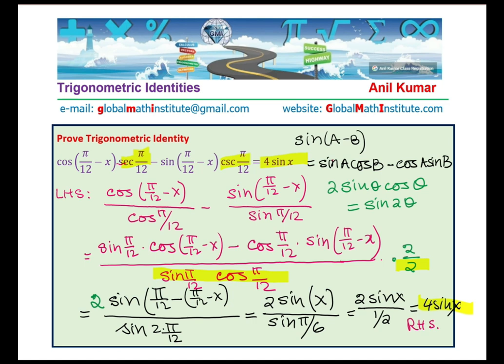Then we took the common denominator, cross multiplied. The expression was the same as sine a minus b, and that resulted in the numerator getting simplified to sine x, and the denominator took the form of sine 2 theta. Beautiful question, and I hope you understand the strategy of doing it.